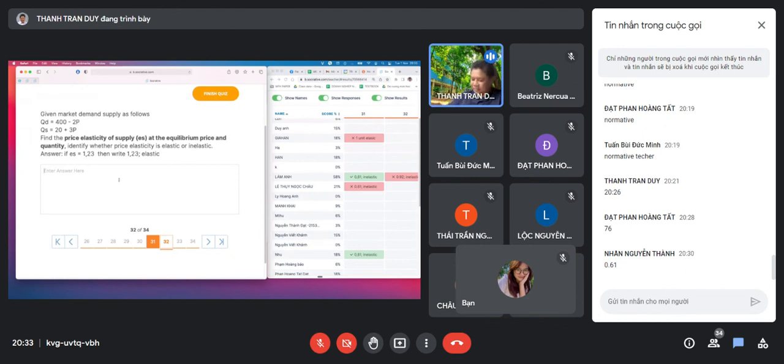And the price elasticity of supply will be 0. Is that all right?